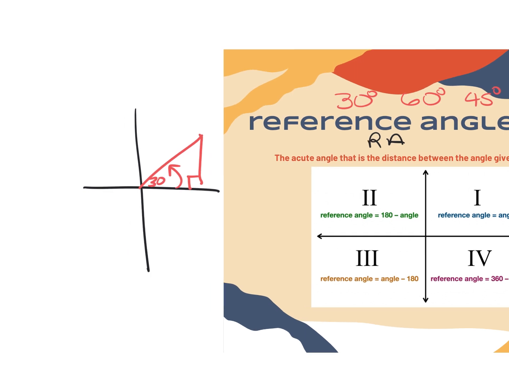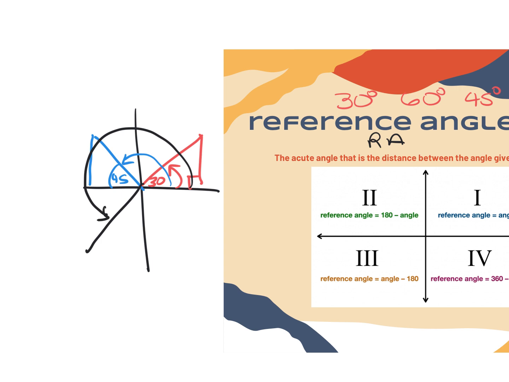Let's say I wanted to graph a 135-degree angle. I don't make it go back to the y-axis. I would continue it and make it go down to the x-axis, and then here's my 45-degree angle. Let's say I wanted to graph a 210-degree angle.